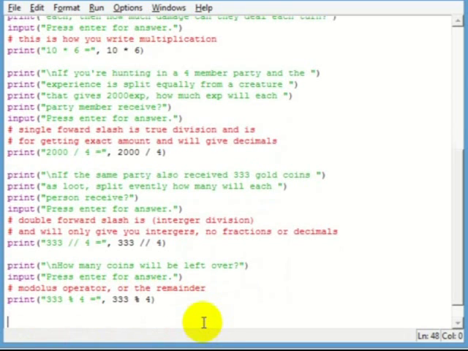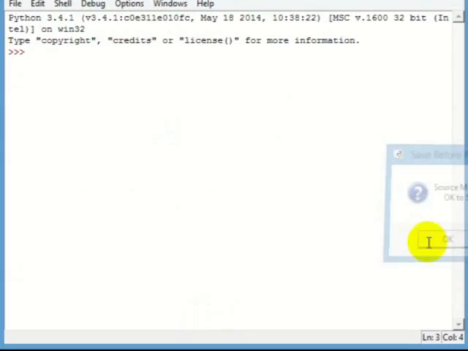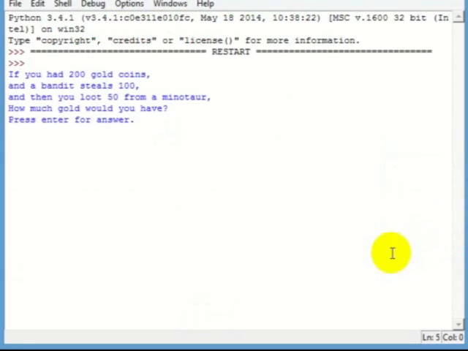Okay, so there's all the most common operators, and now let's go ahead and press F5 and run it and see what we get. So the first one, we want to know the evaluation of the expression.